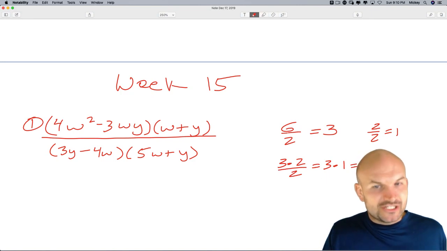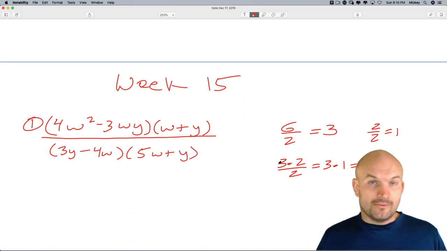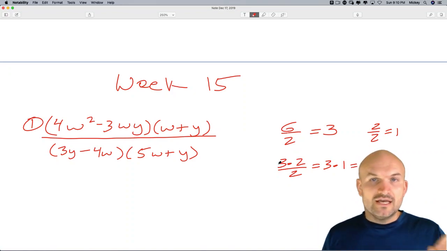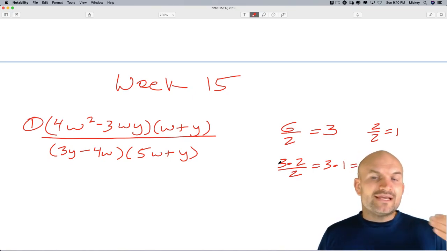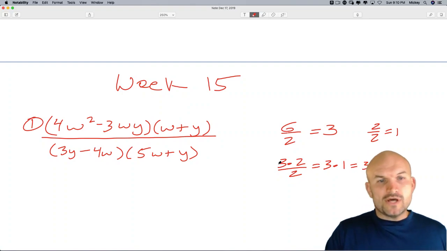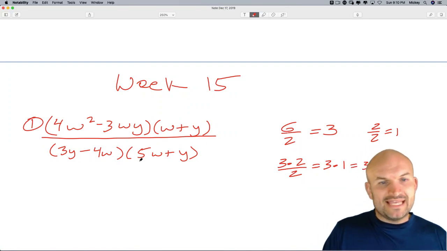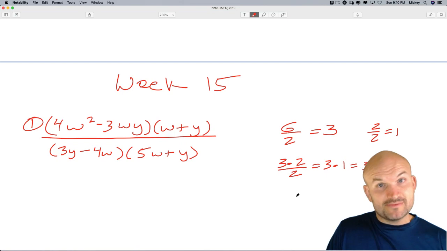Knowing the foundations of division, what we understand is if we have something in complete factored form, meaning written as a product of factors, or a fraction written as a product of factors in the numerator and the denominator, then we can apply the division property. We can't divide across addition and subtraction. Please make sure you understand that 3 plus 2 over 2 does not equal 3.